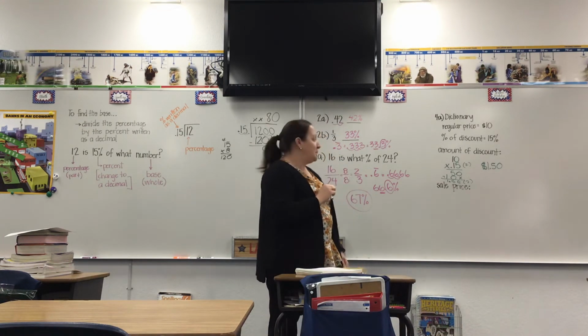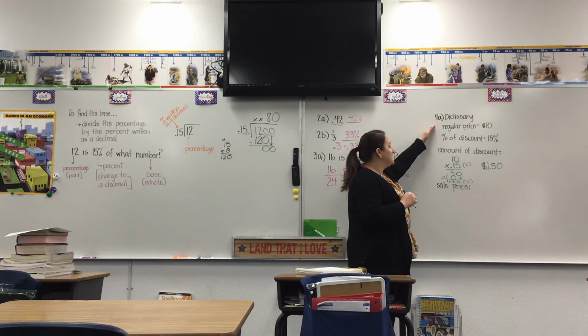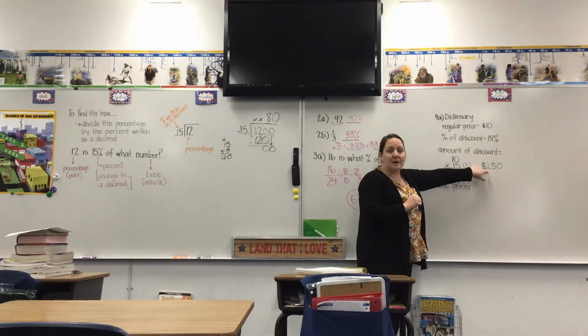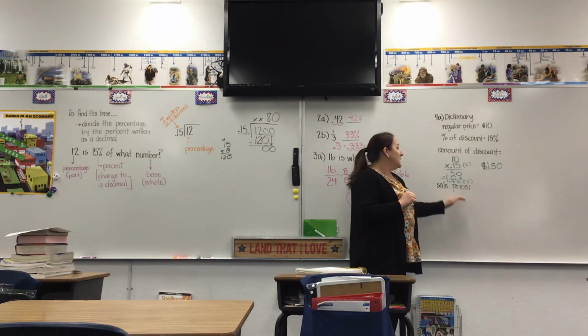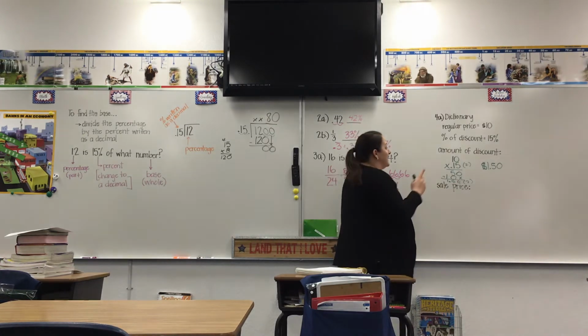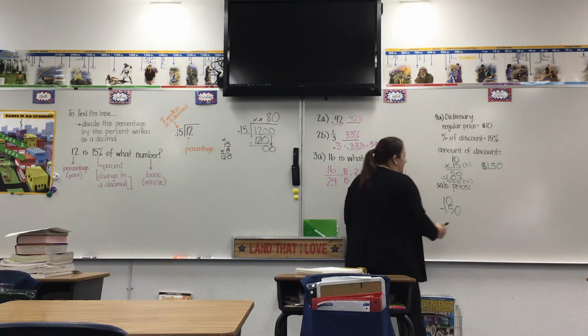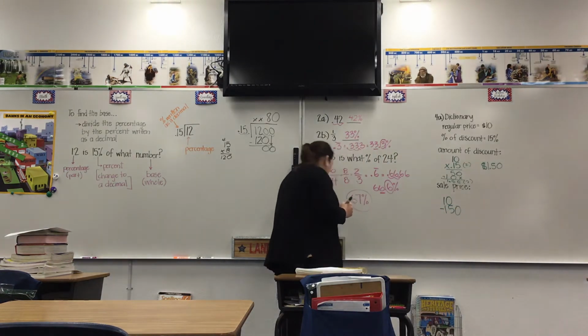Then it says sale price. Well, how do I find sale price? If I know my regular price, I know how much is taken off, or my discount. To find sale price, what would you do? If you said subtract, you're right. So I'm going to take my $10 minus my $1.50. Uh-oh, that doesn't work.